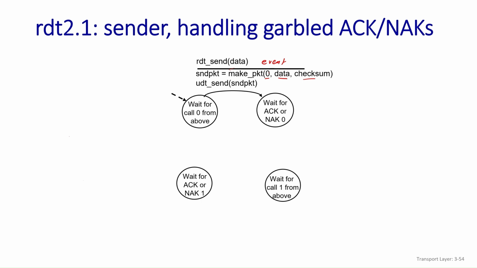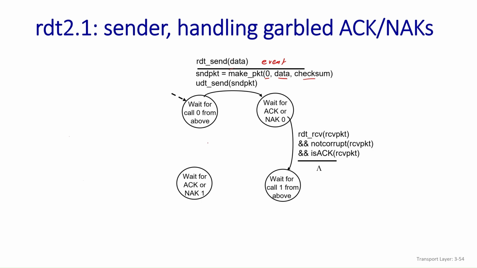So now the packet, having the sequence number, data and checksum, is sent on this unreliable channel towards the destination, and we make a transition to wait for acknowledgement or negative acknowledgement for zero. Now we are waiting for an acknowledgement or negative acknowledgement for the packet having sequence number zero.